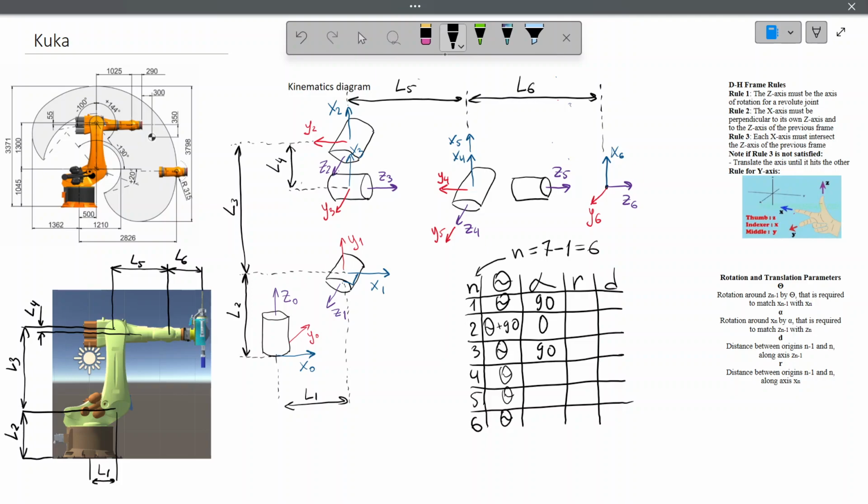Next we take a look at Z3, Z4. Here we rotate around the current x-axis, which is x4. So Z3 we can redraw this way. We take a look from here and rotate counterclockwise. So it will be 270 degrees in this case.